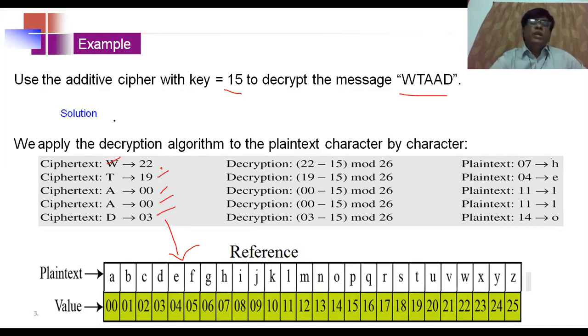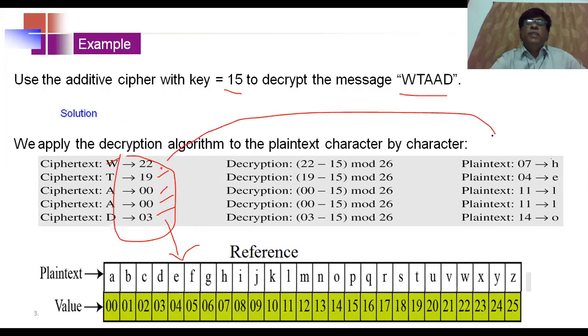Now, to convert these characters in the ciphertext into characters in the plain text, I should subtract 15 from each and every character in the ciphertext.